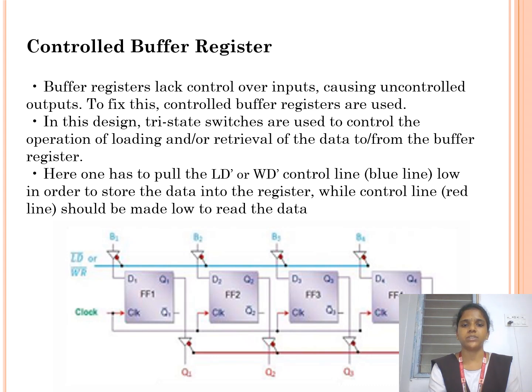Here one has to pull the LD or WD control line in order to store the data, while another control line is used to read the data. This is a logic diagram representation of a controlled buffer register. It is built using D flip-flops.